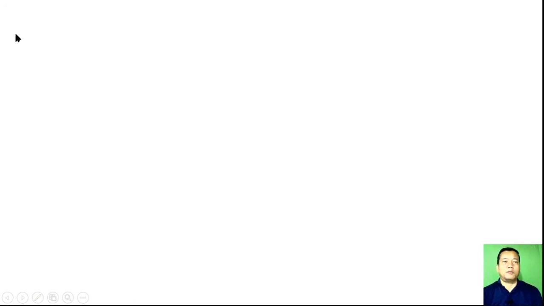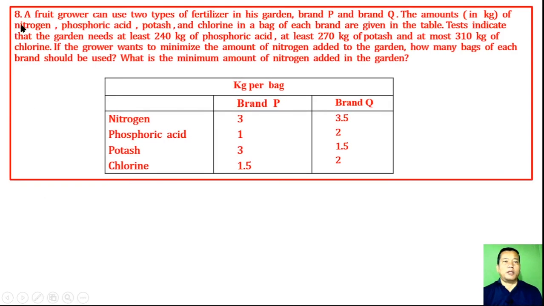Question number 8. A fruit grower can use two types of fertilizers in his garden, brand P and brand Q. The amounts in kg of nitrogen, phosphoric acid, potash and chlorine in a bag of each brand are given in the table.